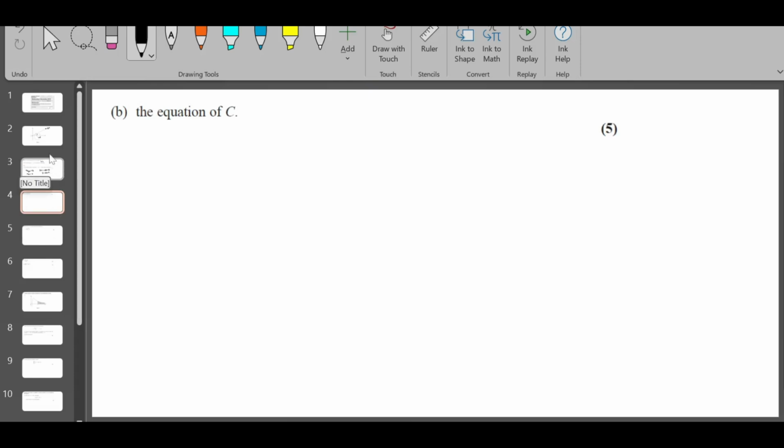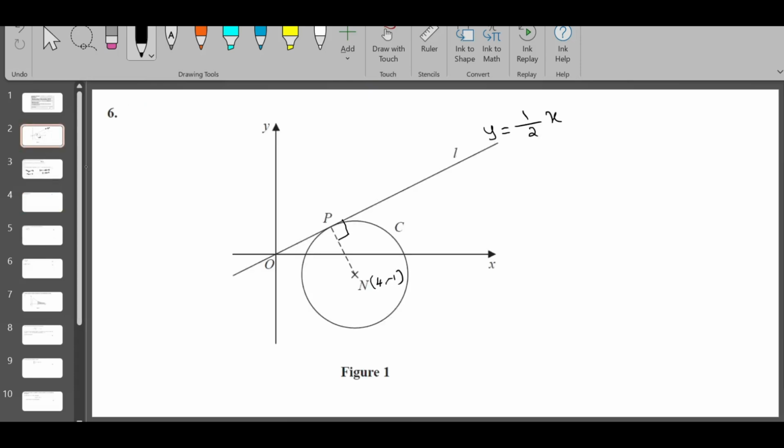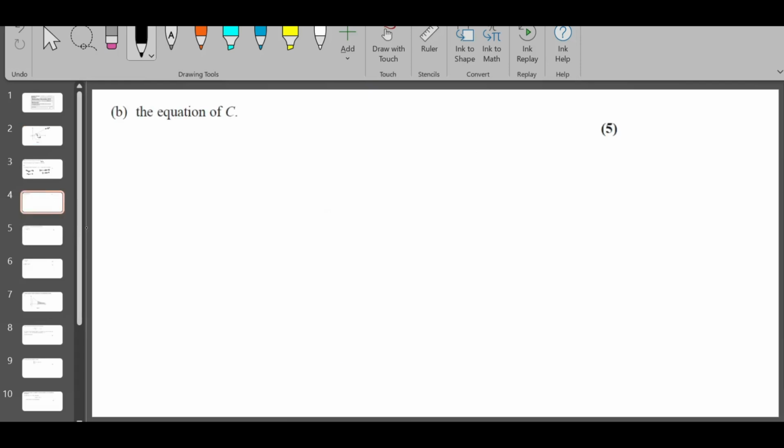To find the equation of this circle, we have the center. We need the radius. To find the radius, we need this point, so we can find the distance between P and N. The point P is the point of intersection of the circle and the straight line, or the point of intersection of PN and the straight line L. The equation of the straight line is half x, and the equation of PN is y is equal to minus 2x plus 7.